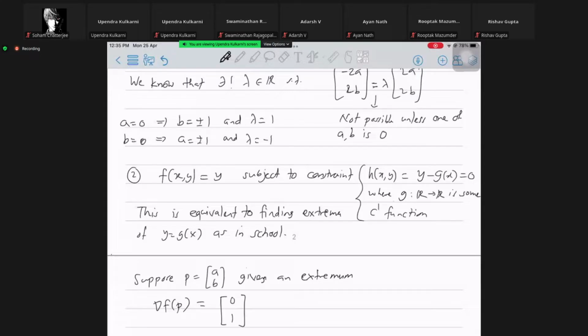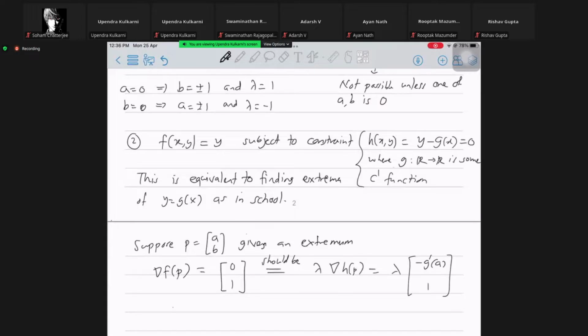And that should be lambda times minus g prime of a, and then 1. And then what do I have on the bottom? 1. So do you see, that is to say 1 equals lambda times 1, which gives me lambda equal to 1.